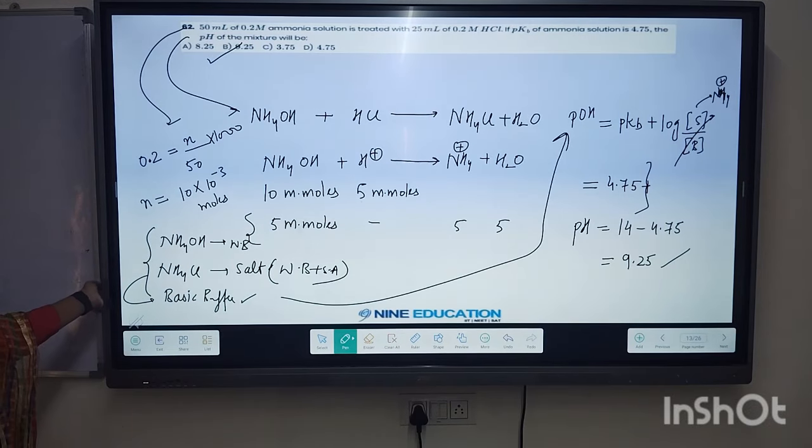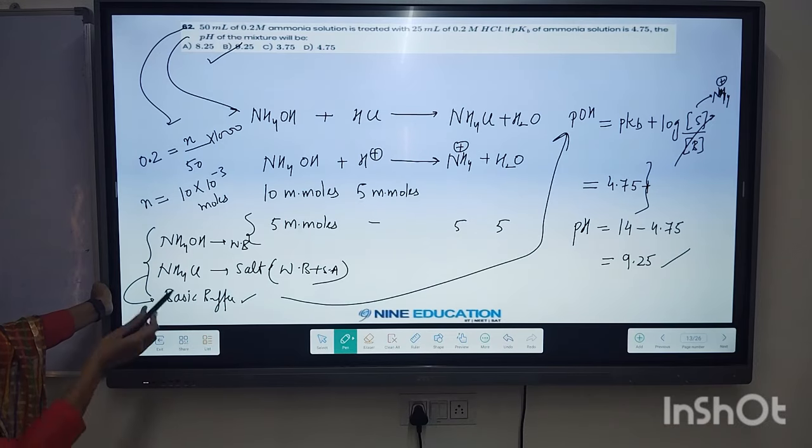So again, for question number 62, if I need to talk about the key points, two solutions are provided: ammonia solution NH4OH, and we are having HCl. Always try to understand how much quantity is given. For NH4OH we are having 10 millimoles, and for HCl we are having 5 millimoles, and when they both are reacting, they are making a solution.